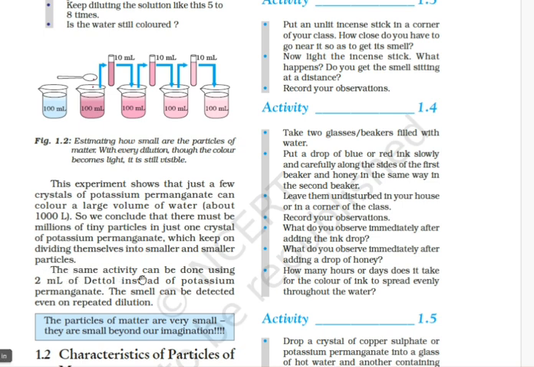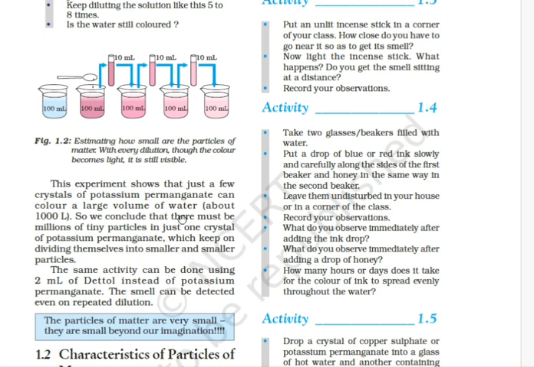The same activity can be done using 2 ml of Dettol instead of potassium permanganate. We can also do this at home by taking 2 ml of Dettol in a bucket, and we get the smell. The smell can be detected even on repetition, even on adding water and more water.